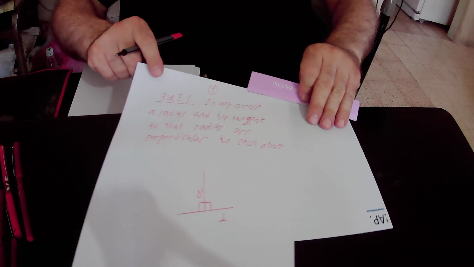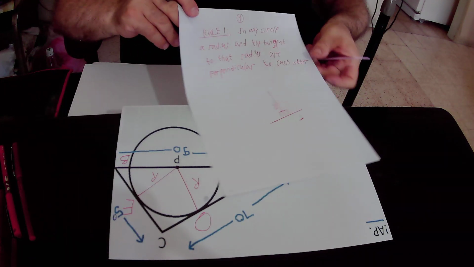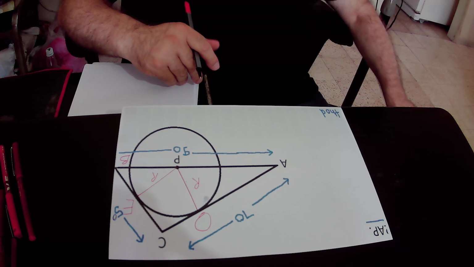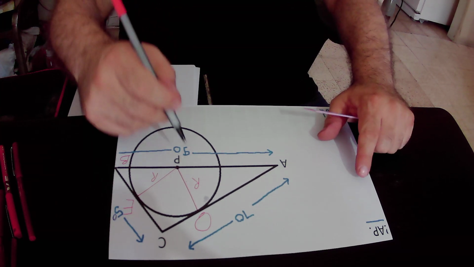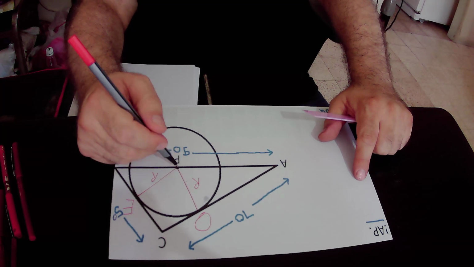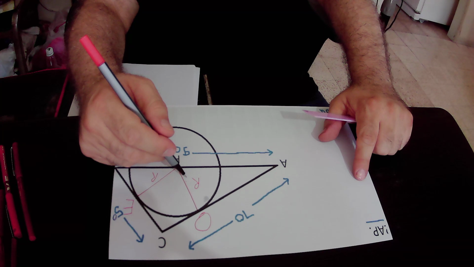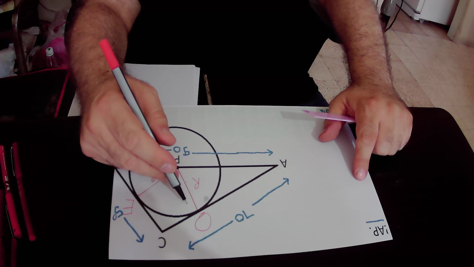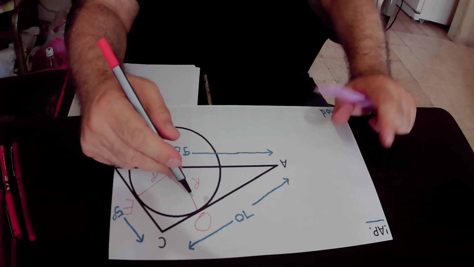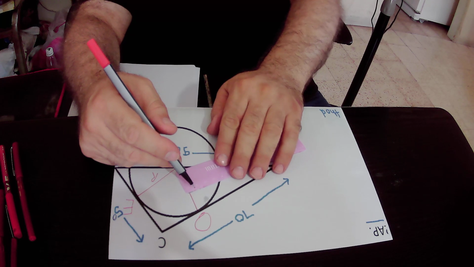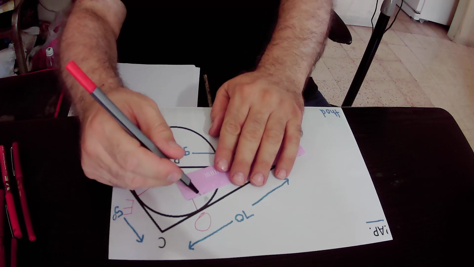So we will implement this rule in our circle. As you can see in the picture, we have radius PO and a tangent to that radius, and according to rule number 1, they must be perpendicular to each other.